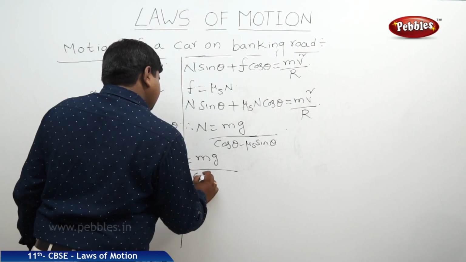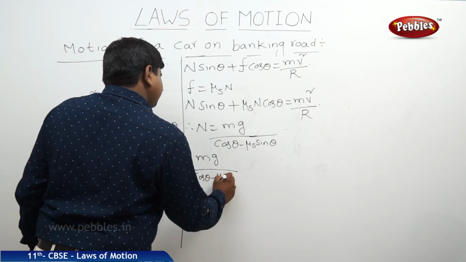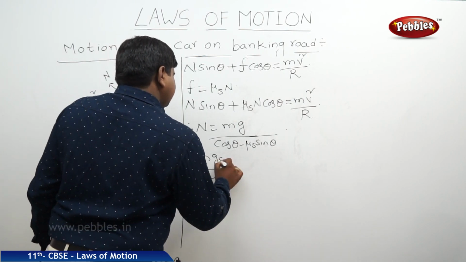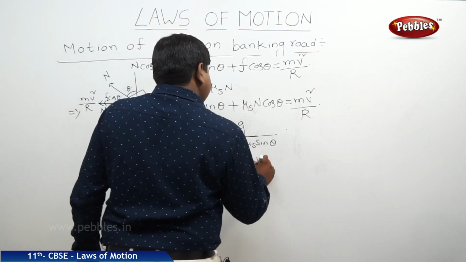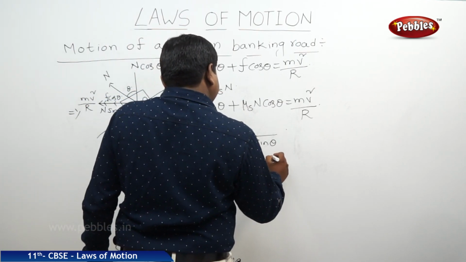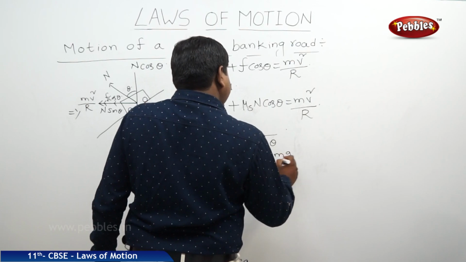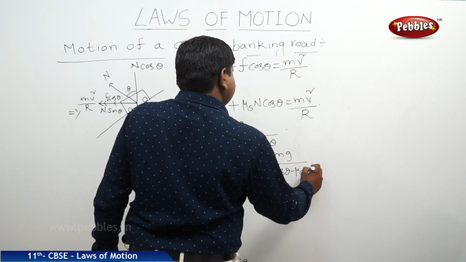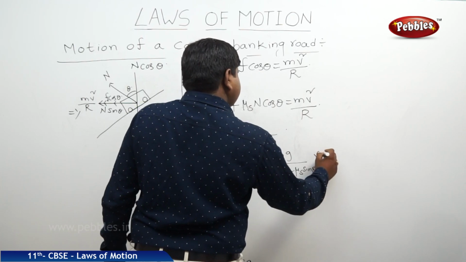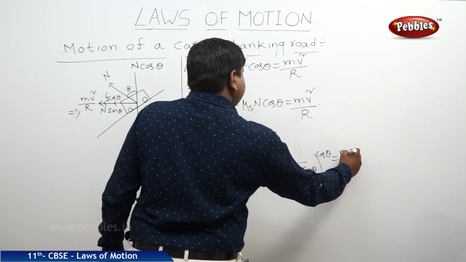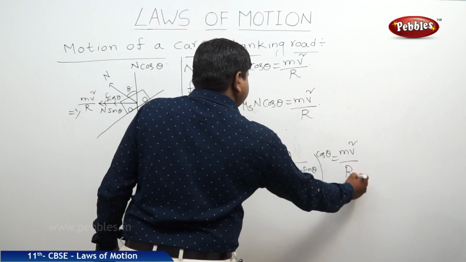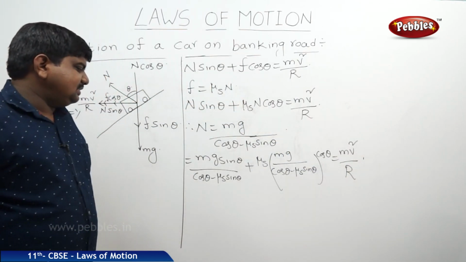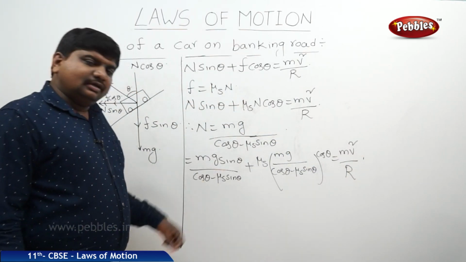Mg by cos theta minus mu s sin theta times sin theta, plus mu s into mg by cos theta minus mu s sin theta times cos theta, is equal to mv square by r. We can take cos theta minus mu s sin theta as the LCM.